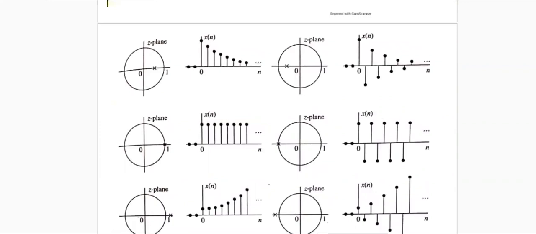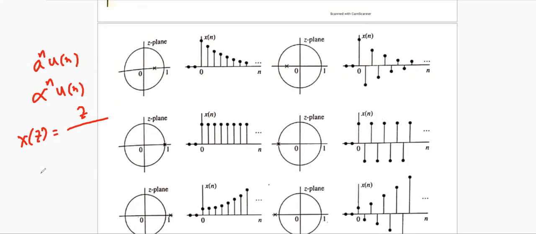We have already found that if our signal is a to the power n u[n], or alpha to the power n u[n], whatever you mention, the Z transform looks like Z over Z minus alpha.